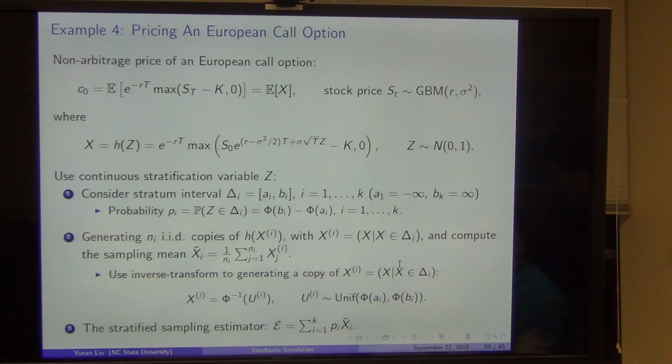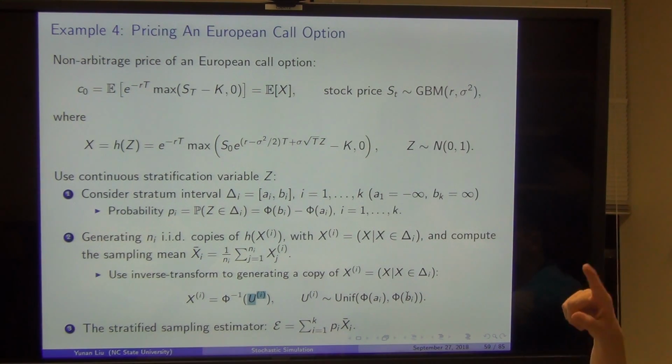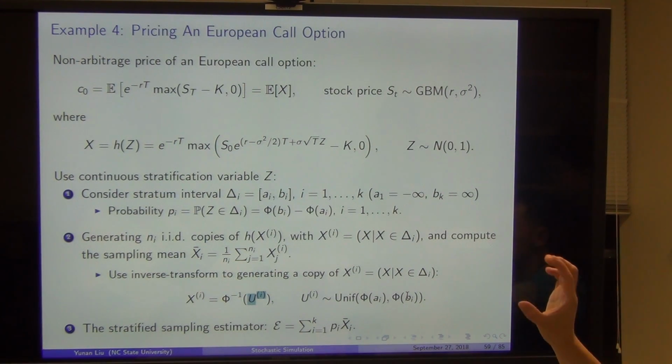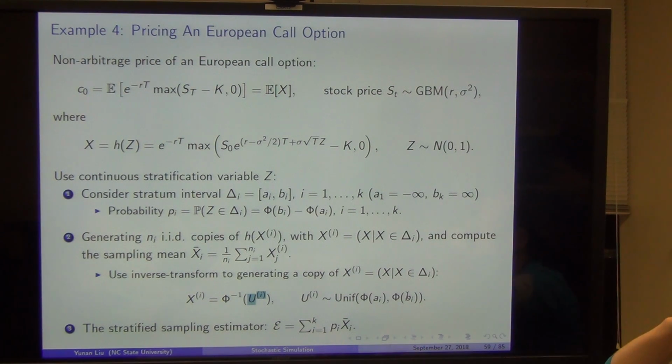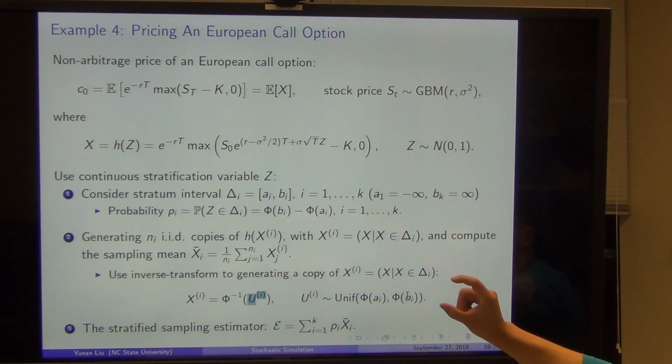For a normal random variable, its distribution given that it falls into an interval can be generated by inverse transform using a random variable U that is not between 0 and 1, but between phi of a_i and phi of b_i. So you don't use 0 to 1, you use a subset of it. Think about the inverse transform: you throw a point on the y axis, but not between 0 and 1, only in the sub-area.